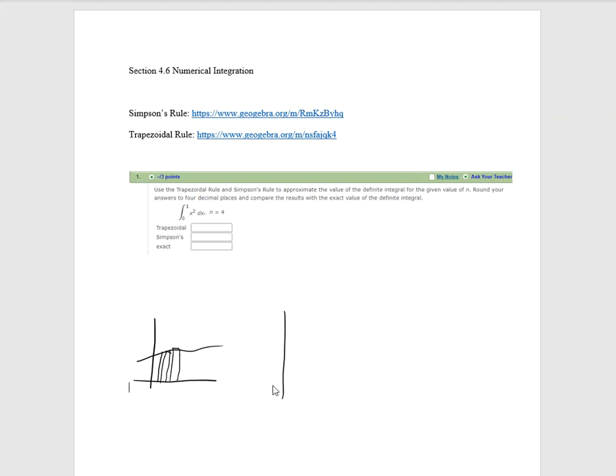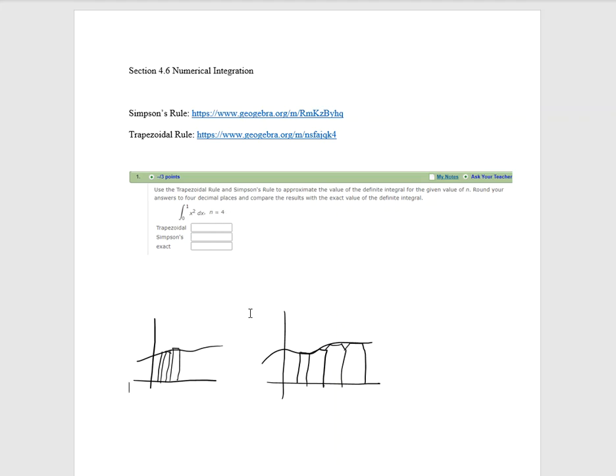What Simpson's rule and the trapezoidal rule say is, what if we didn't always use rectangles, but maybe used trapezoids? These are two different rules that are much like the sums we started with. They're just using various shapes in order to do it.